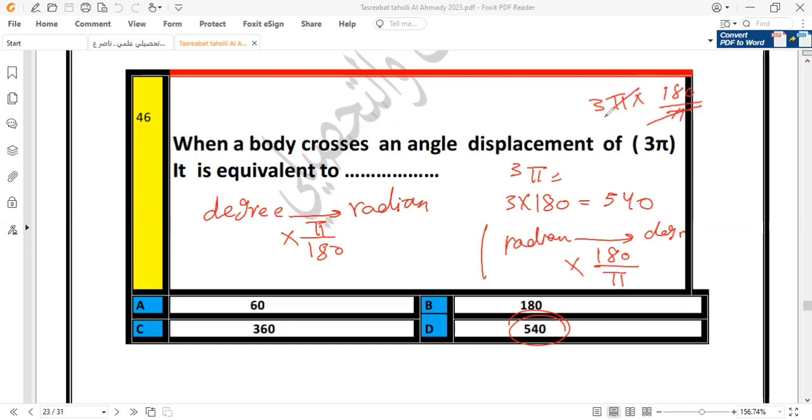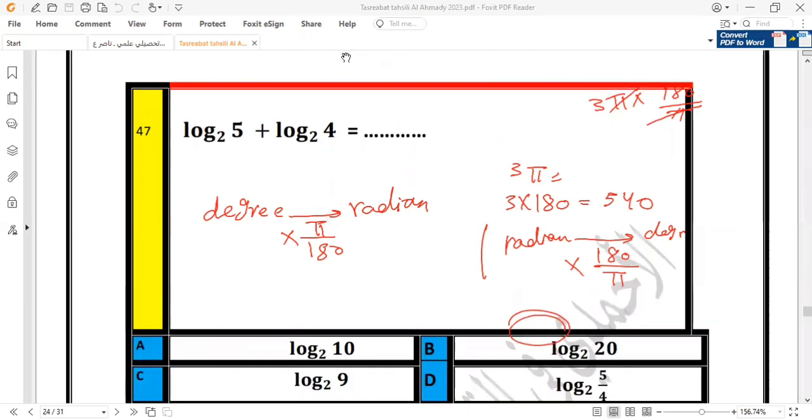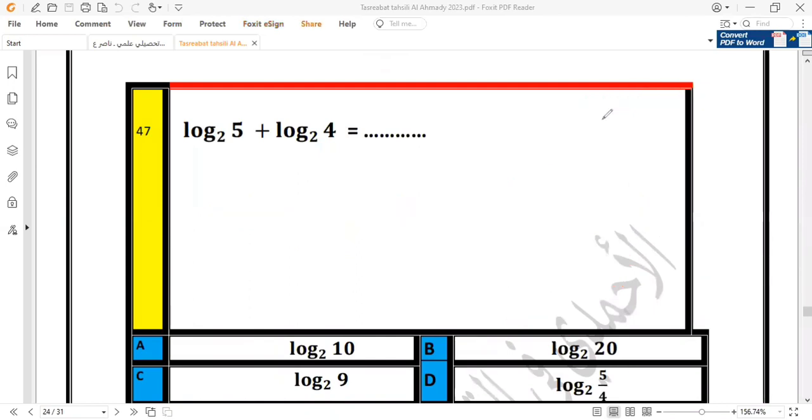Number 47. Log base 2 of 5 plus log base 2 of 4. How to find this? We can use the properties of logarithms. Pay attention. Number 1: log base b of a plus log base b of c.